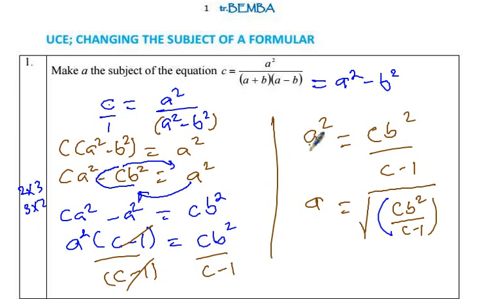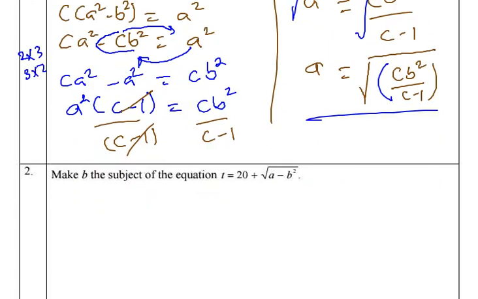Okay, so when you take square root on both sides, at this step here, this square root cancels this square, so I can comfortably write an a. So I've been able to have a left on one side, and so I have made a to be the subject in that equation. Nice.